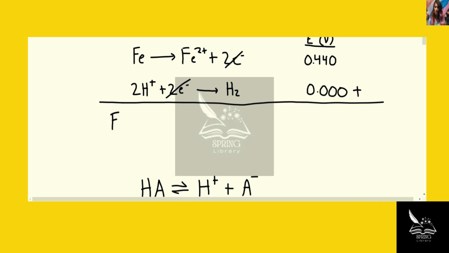We are left with an overall cell reaction of solid iron plus 2H plus aqueous going to Fe2 plus aqueous plus hydrogen gas.